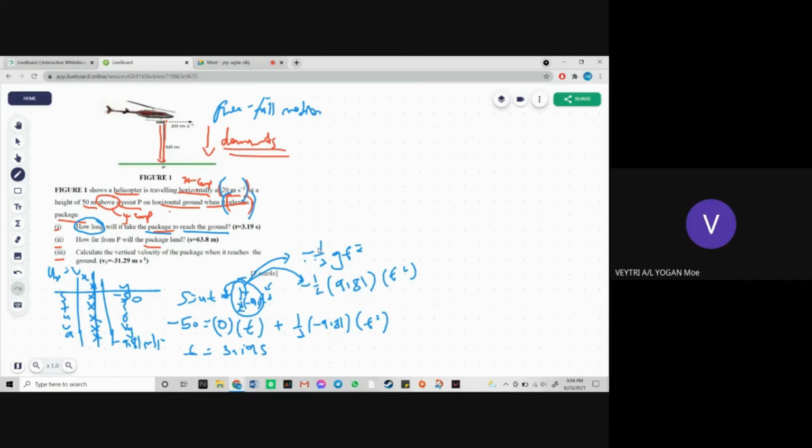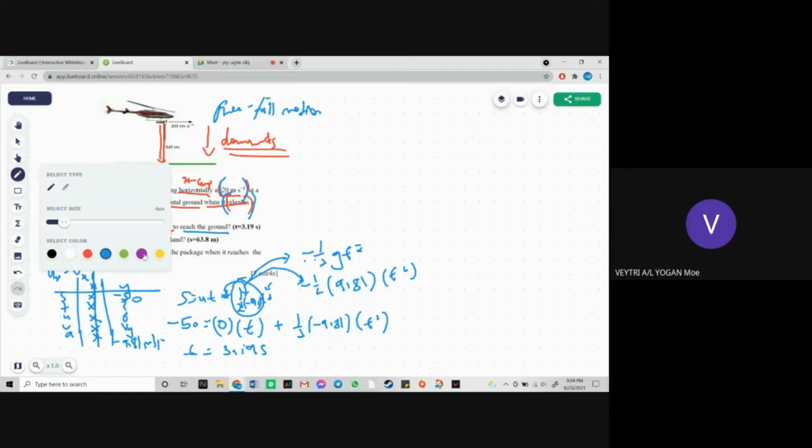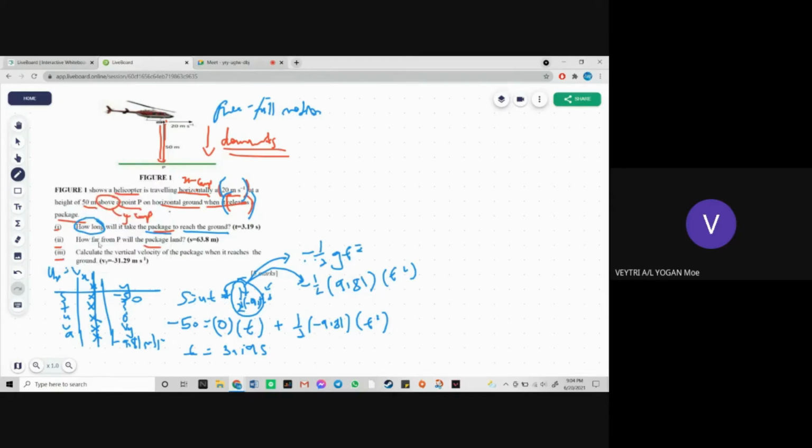When we are talking about the second question, okay, let me use purple color. How far from P? Okay, remember 50 meter above point P. Reread the question and relabel the diagram kalau tiada diagram. Dekat sini dah tulis dekat sini P, right?